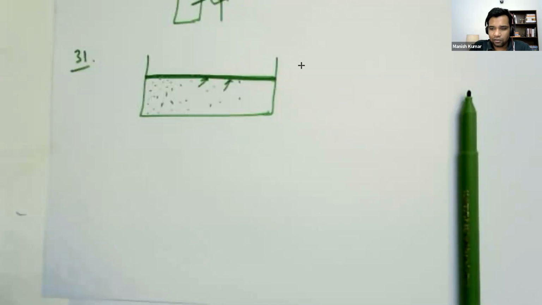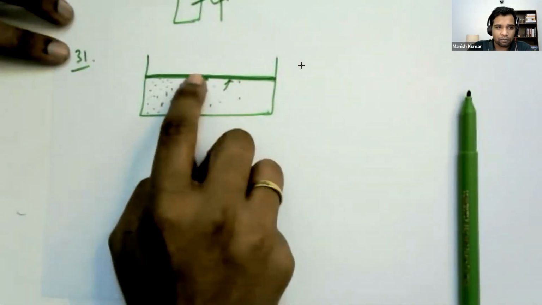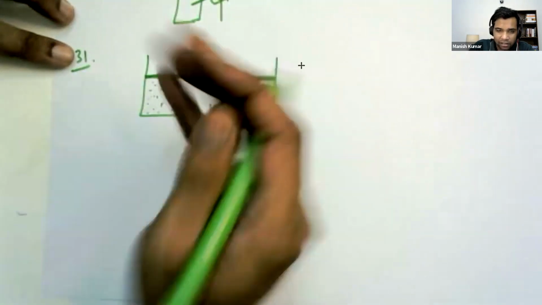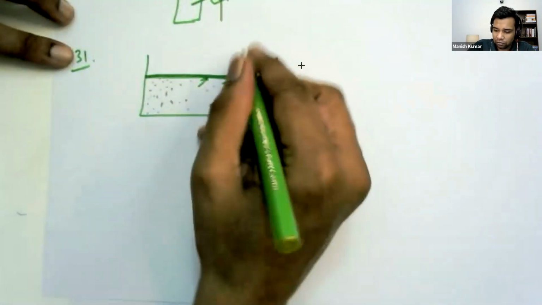So in this scenario, the molecules on the top are getting attracted downwards by the molecules that are below, and at the same time, they are also getting bombarded by other molecules.